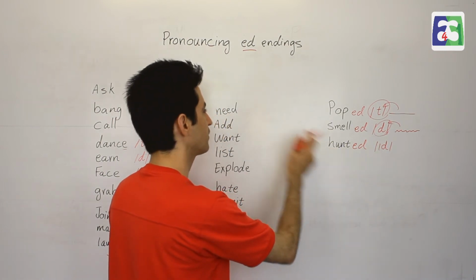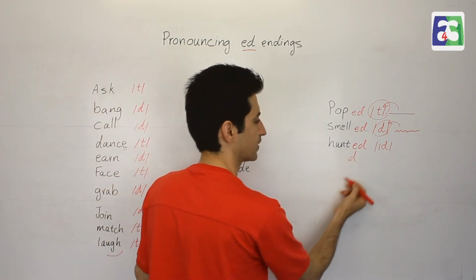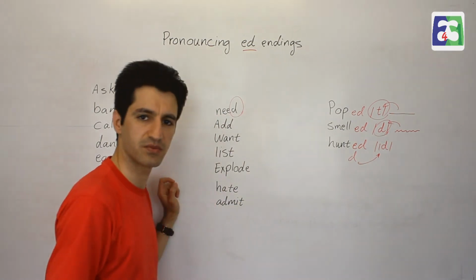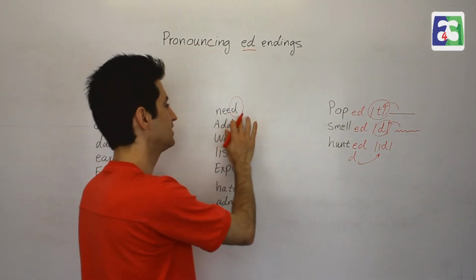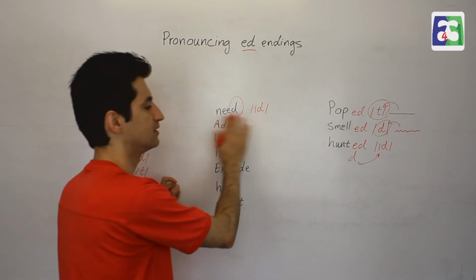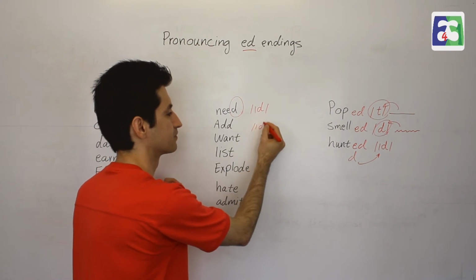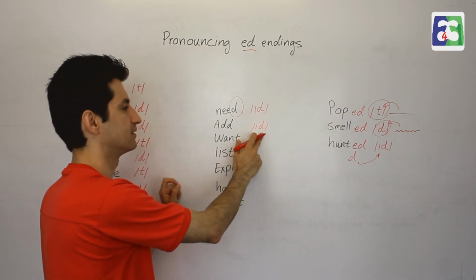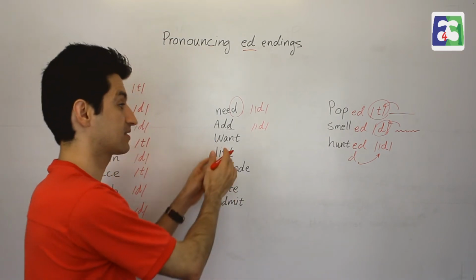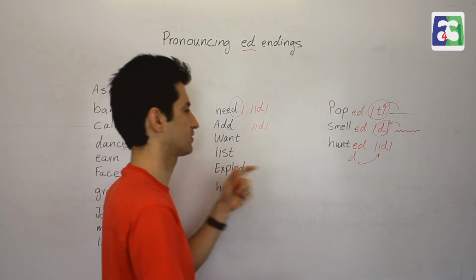So if the final sound is D, then ed should be pronounced this way: id. Need, needed; add, added; because of the final D. And it's the same thing with T. It's voiceless, it's not vibrating.